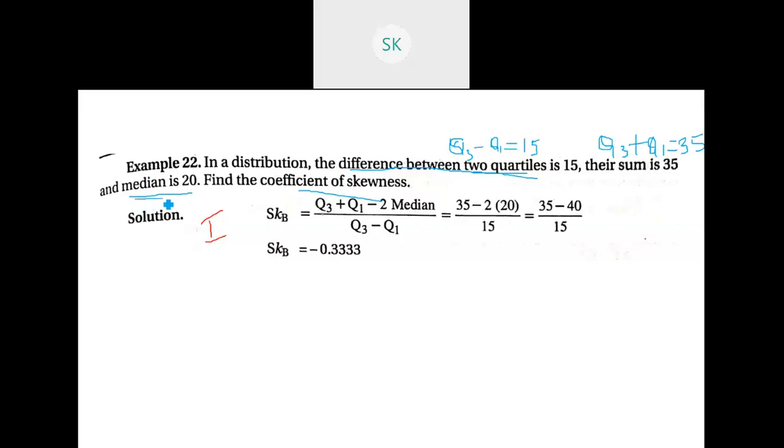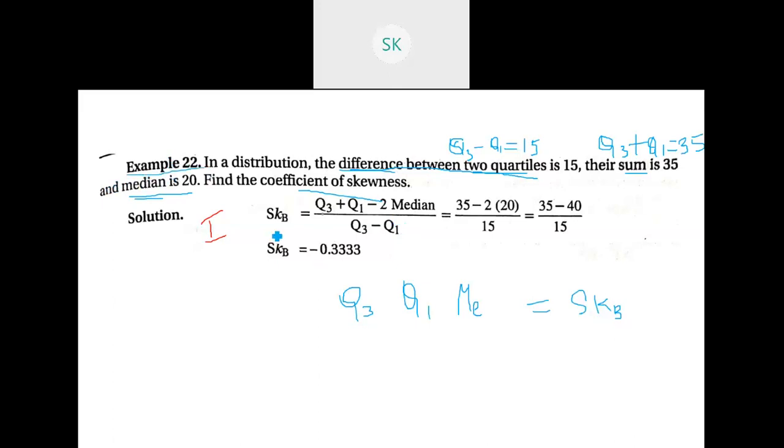When you have Q3, Q1 and median given, and specifically when they are saying difference and sum of the quartiles, it is very clear that you are supposed to calculate Bowley's coefficient of skewness. These are a few problems where students get confused in examination and apply the wrong formulas. So be careful in reading. Thoroughly read the question, know what information is given, and then solve the question.